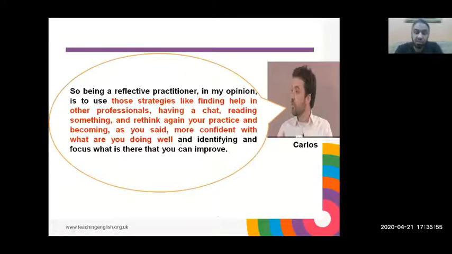So Carlos sees that reflection practices inside the class help him to be more confident about what he is doing inside the class next time.